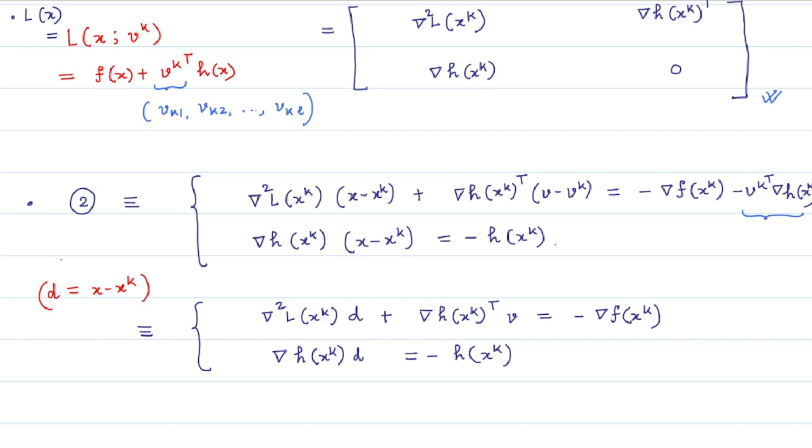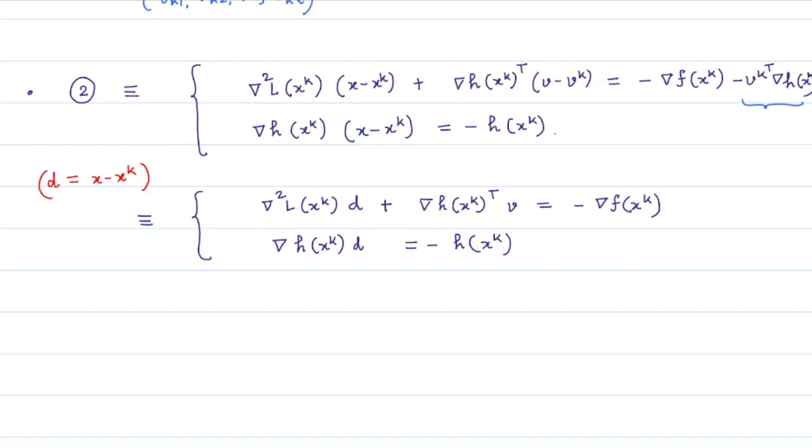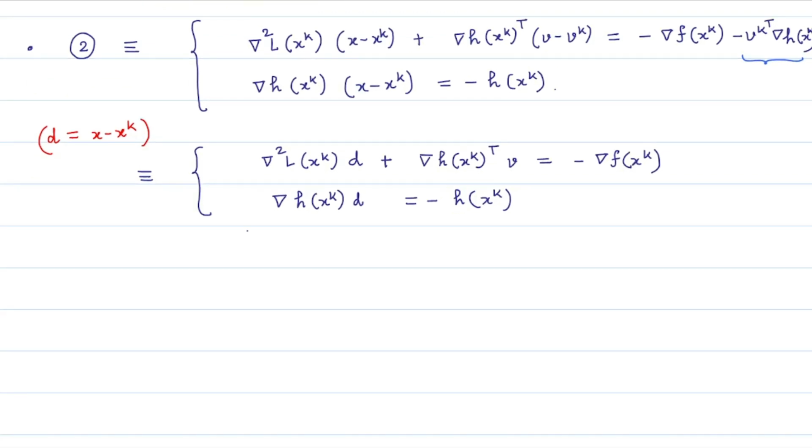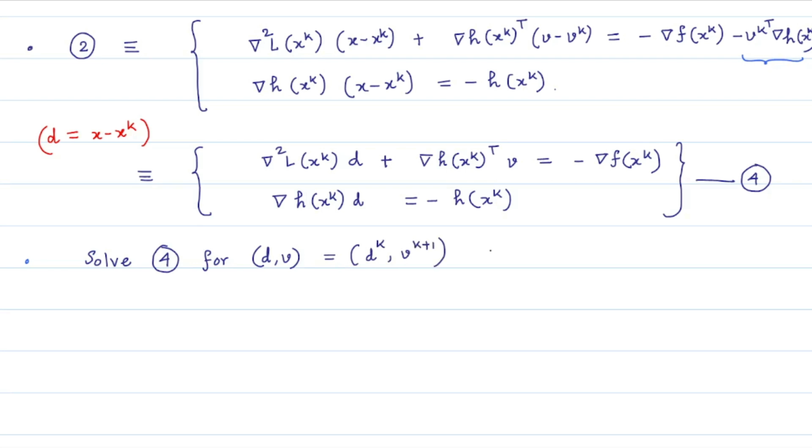Now to find the solution of 2, we can just go for solving this revised system for some value d and v, and let us suppose we denote this (d, v) as (dk, vk+1).